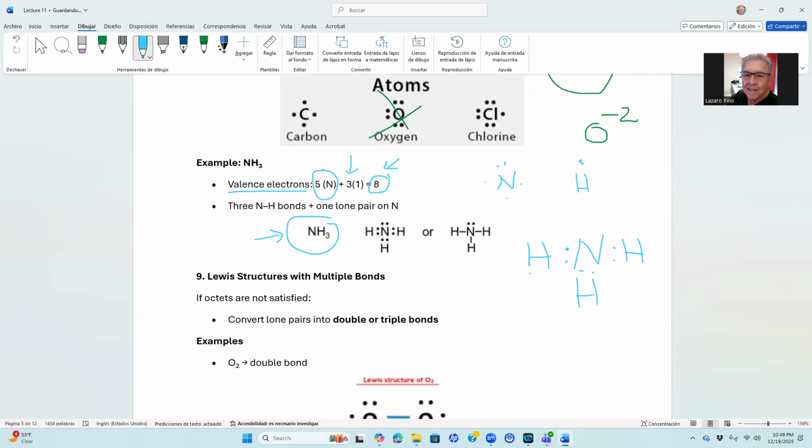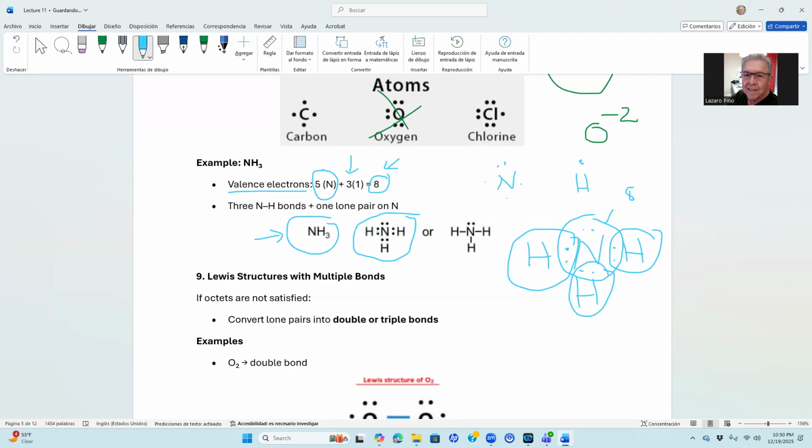Where do I put them, here in hydrogen? No, because hydrogen is good with 2 electrons. This is good with 2 electrons, and this is good with 2 electrons. But what happened with nitrogen? Nitrogen in this case has only 6 electrons, and nitrogen needs 8 electrons. That's why I put the remaining 2 electrons here, and this is the electron distribution according to Lewis for this compound.